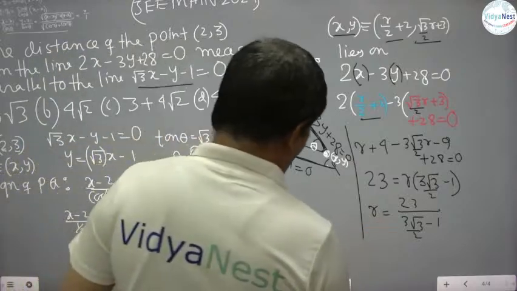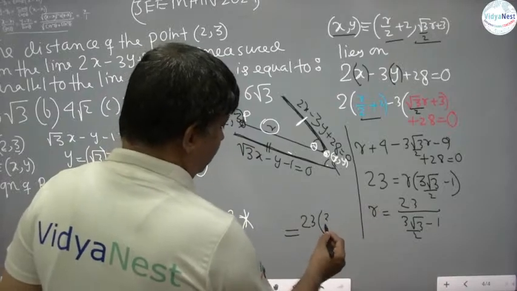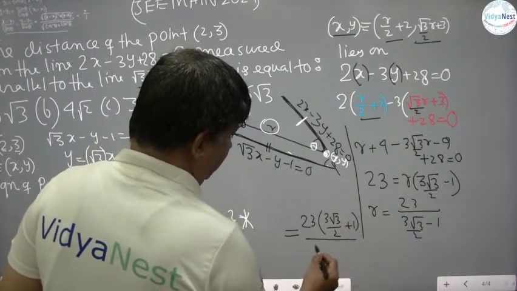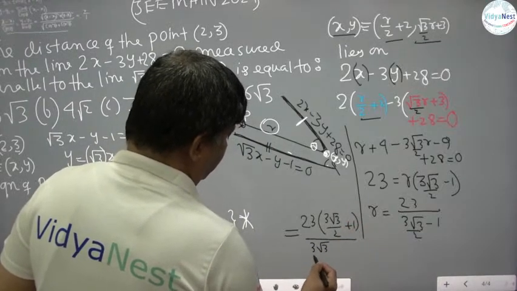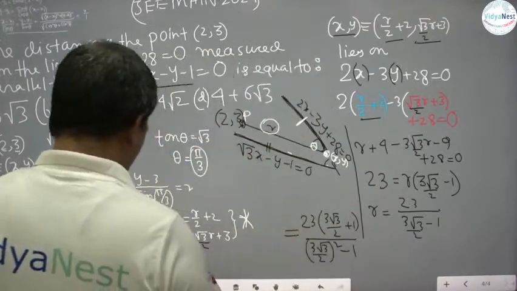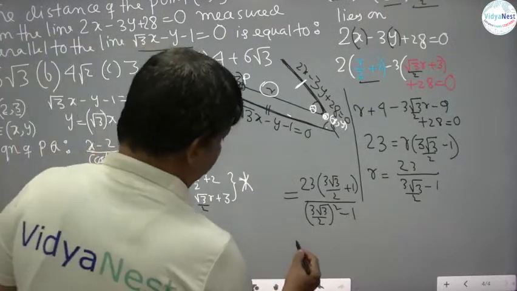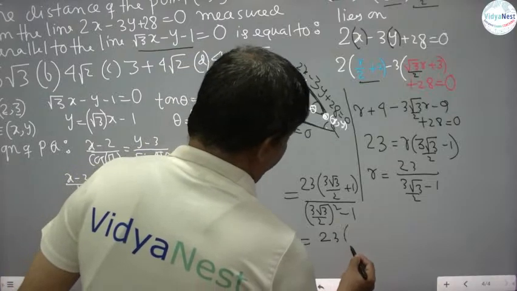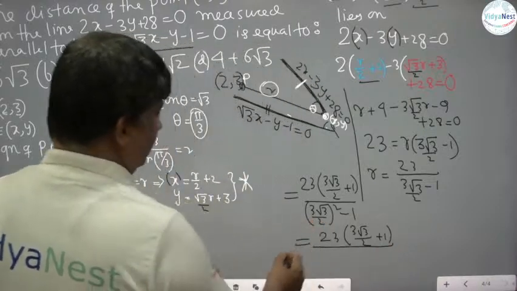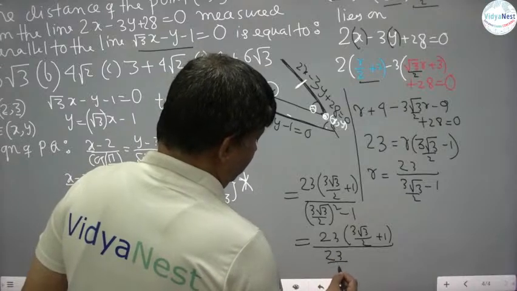See, from here we need simplification. 3 root 3 by 2 plus 1, and in the denominator you will get 3 root 3 by 2 whole squared minus 1. That will give you 23 times 3 root 3 by 2 plus 1, and that is 23 by 4.